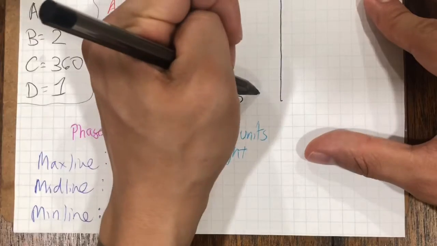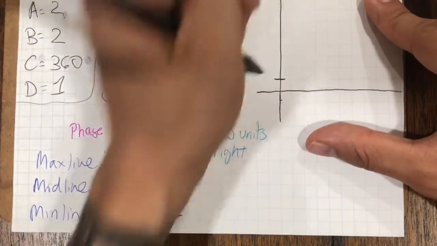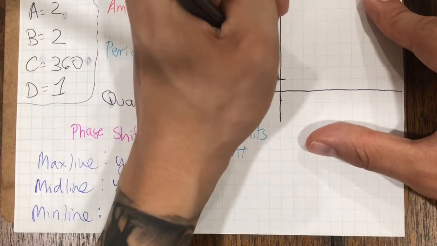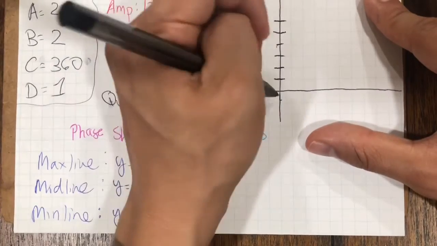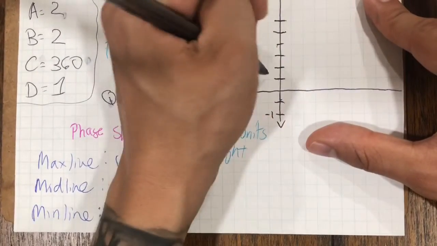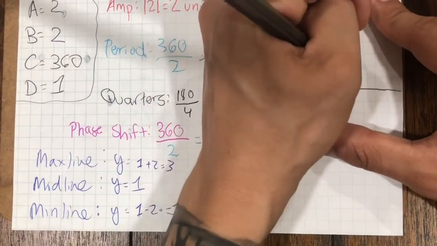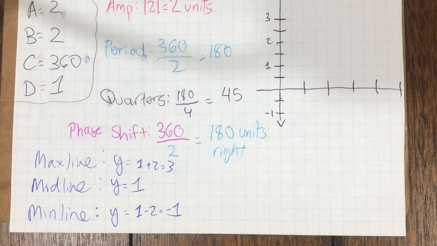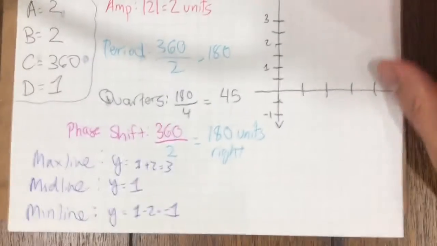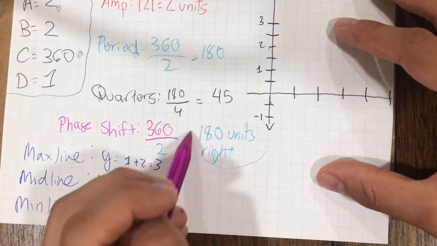So I have the y values: negative 1, 0, 1, 2, 3. Then I have my x values. If we take a look, originally we start at 0. However, we have the phase shift happening 180 units to the right.